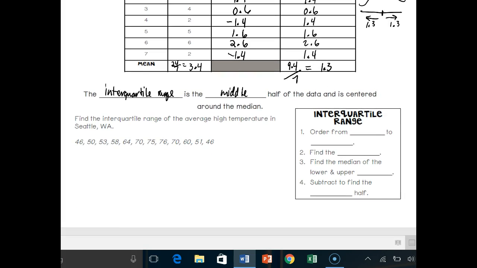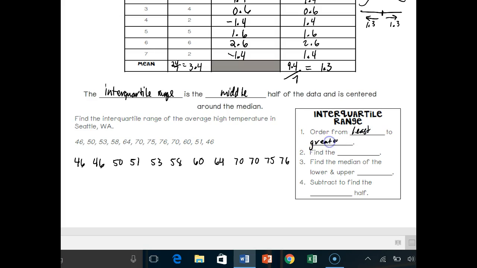The first thing you need to do is order the data nicely from least to greatest. So 46, 50, 51, 53, 58, 60, 64, two 70s, 75 and 76. So we've ordered them least to greatest.